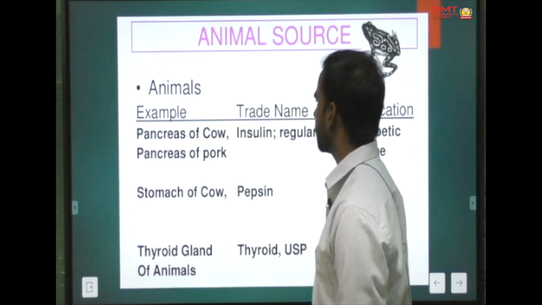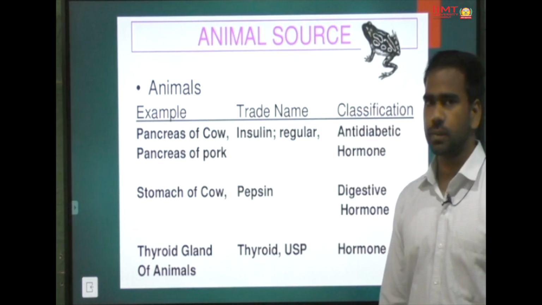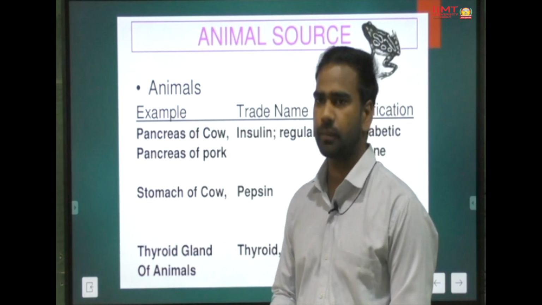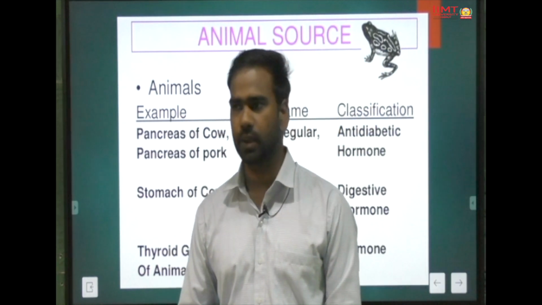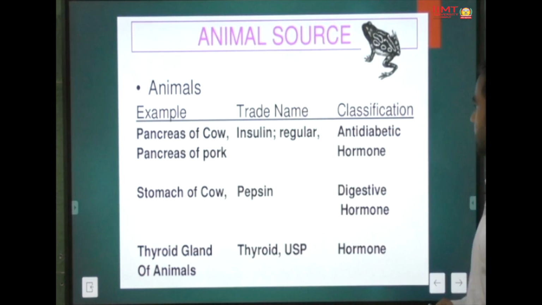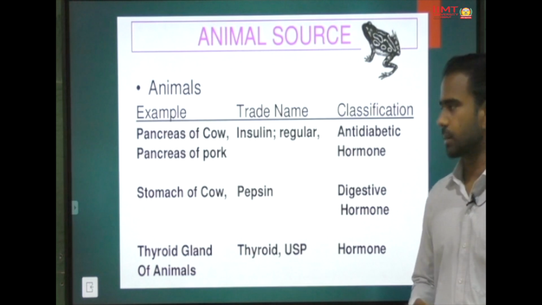The examples of animals and the trade names of the products by which the different pharmaceutical products are marketed in India or throughout the nations, and their classification based on their pharmacological activities.